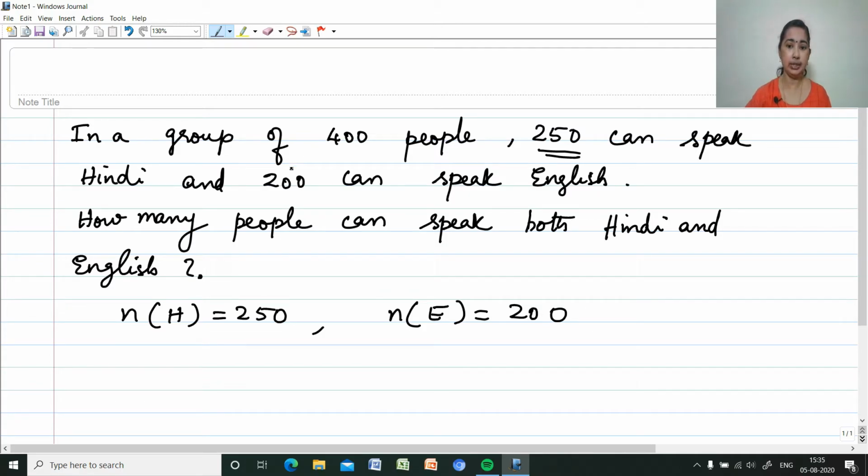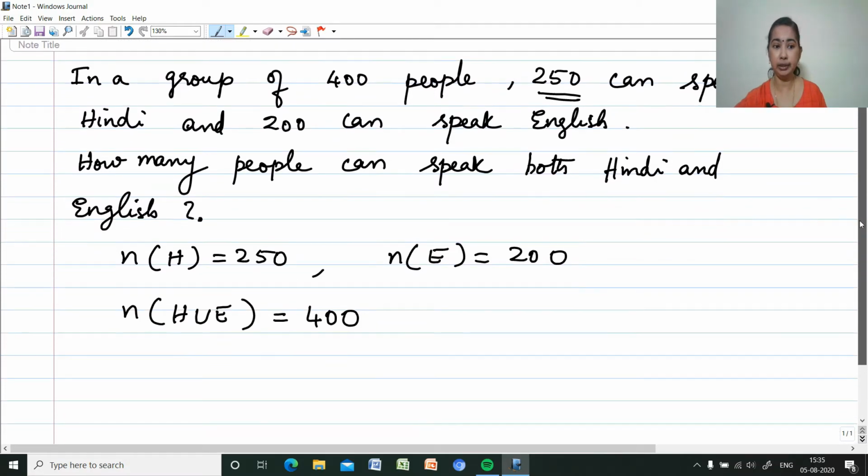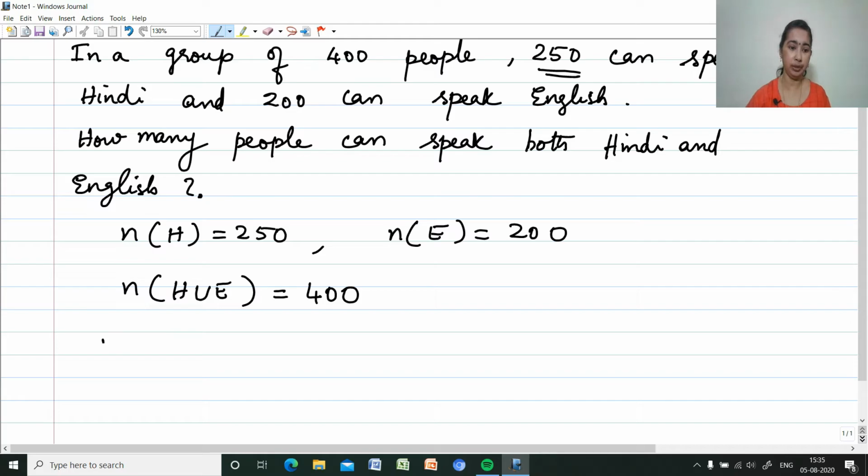It is also told about a group of people, that is 400 people, so n of H union E is 400. How many of them can speak both? That means it is the intersection, so we need to find n of H intersection E.